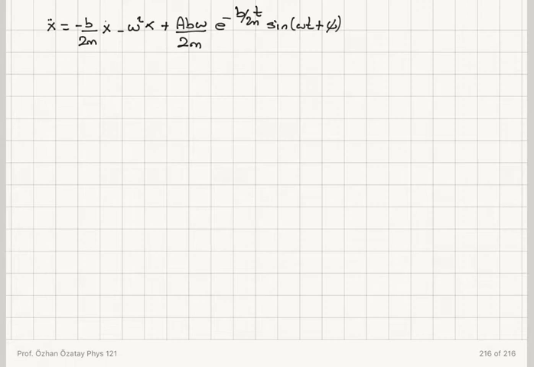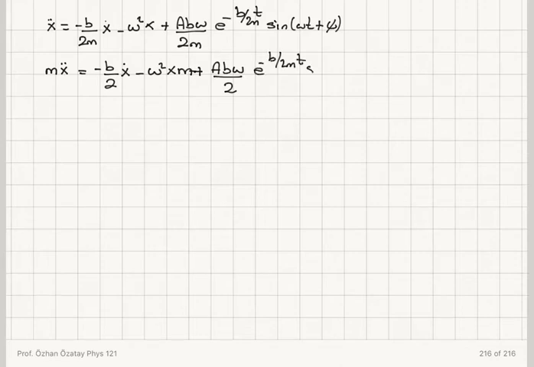At this point we're going to multiply both sides by m. So I will obtain m x double dot is equal to minus b over 2 x dot minus omega squared x plus omega squared x times m, plus a b omega divided by 2 e to the minus b over 2m t sine omega t plus phi.